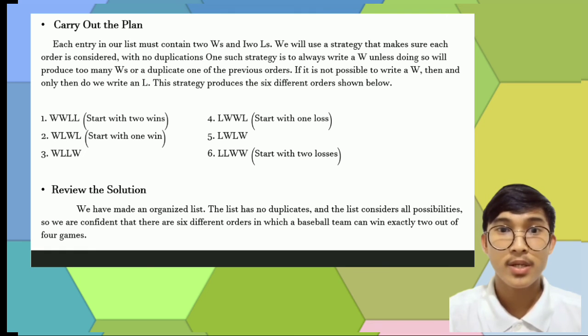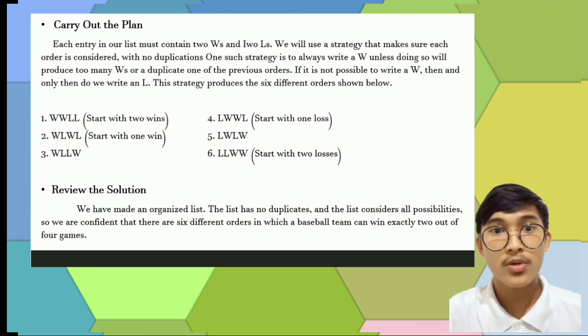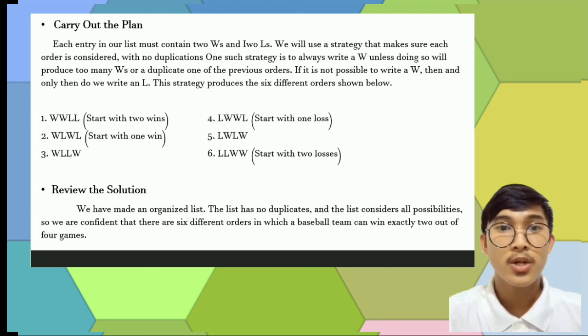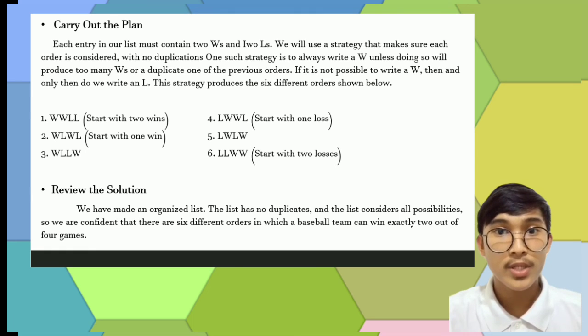So first, 2 consecutive wins and 2 consecutive losses. Number 2, win, lose, win, lose. The third, win, lose, lose, and win.